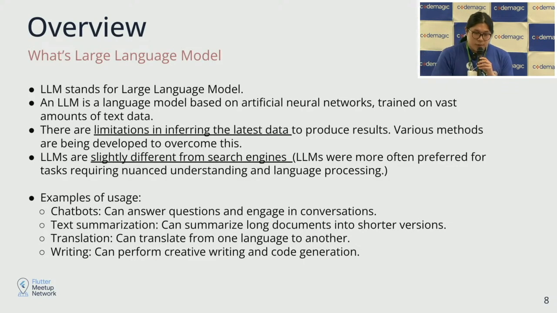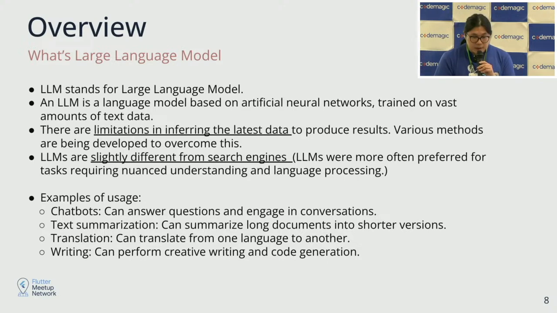So let's look at what an LLM is. As you know, LLM stands for large language model, and it has a lot of data and weights. However, an LLM has a limitation: it doesn't have all the data, so it can't answer correctly. LLMs are used in chatbots, summarization, translation, writing, and coding assistance for developers, and other fields.